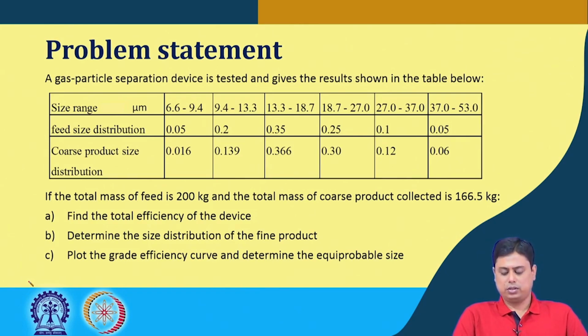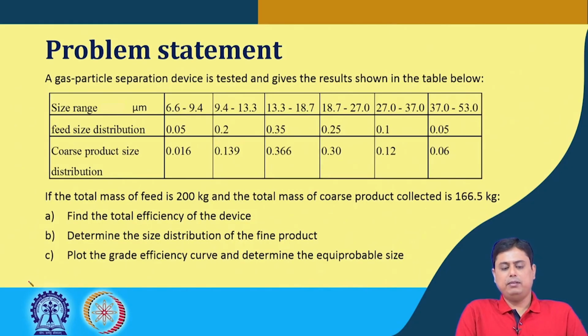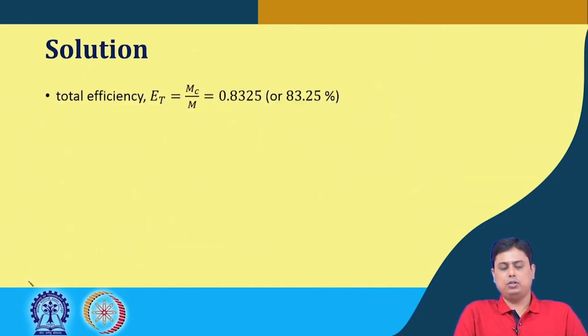This is the first question, which is very simple, because the total efficiency is nothing but the mass fraction of the coarse product collected with respect to the feed supplied. So, in this case it is 166.5 divided by 200, which is 0.8325. This is the total efficiency of the cyclone separator.